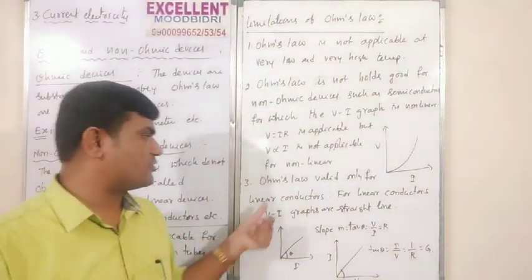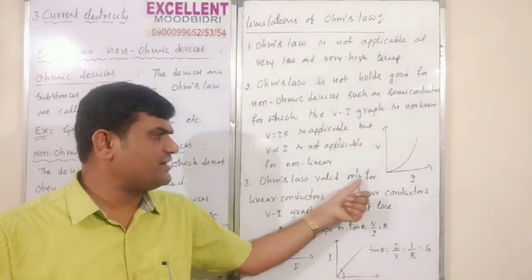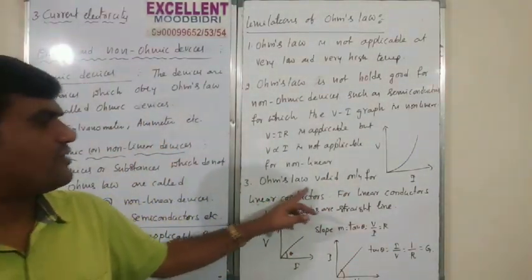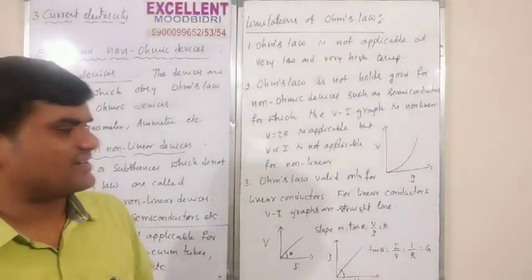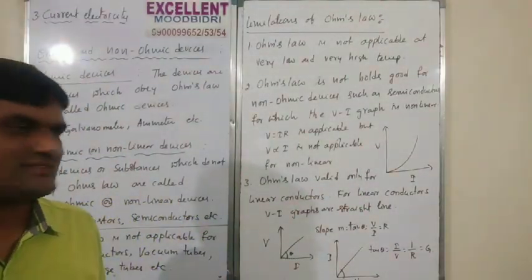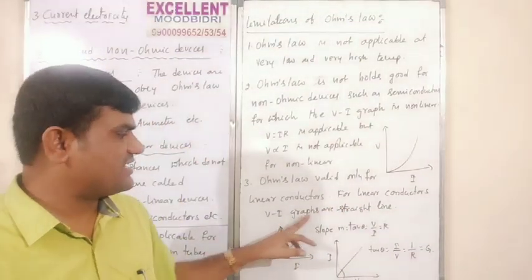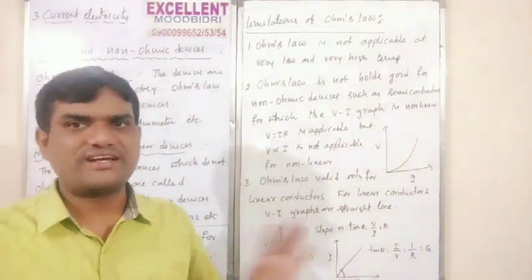Next, the third point. Ohm's law is valid only for linear conductors. For linear conductors, the V versus I graph will be a straight line. If I draw the graph V versus I, V along the y axis, I along the x axis, a straight line will come.